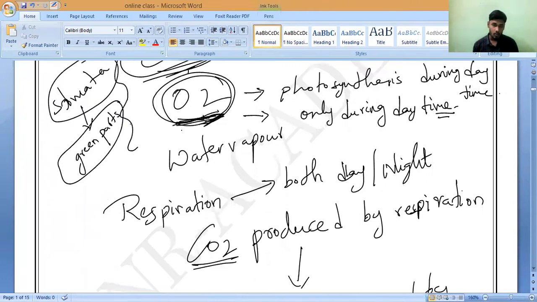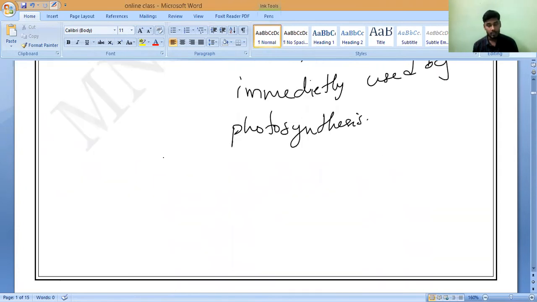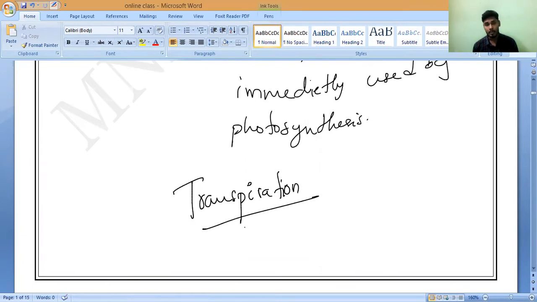Now let us come to the water vapor. The water vapor which has been produced during this reaction is sent out from the plants by the process of transpiration. For transpiration there is no daytime or nighttime, it is carried out all the time.